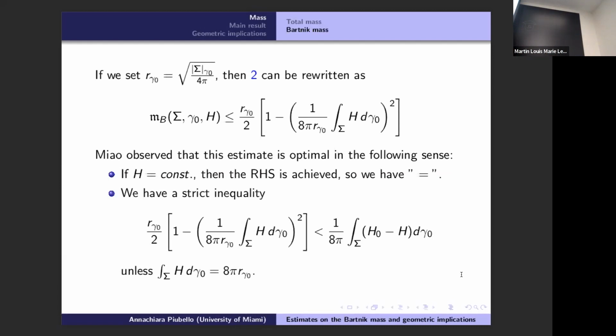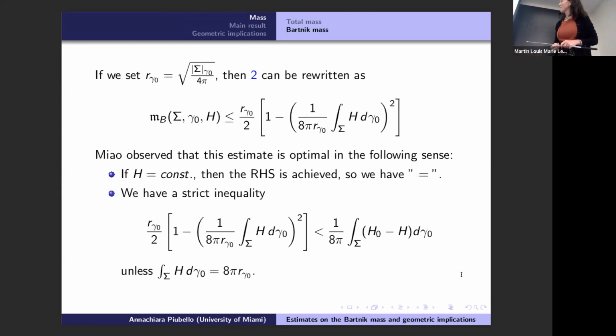And this condition, if we are assuming that a non-negative scalar curvature filling exists, is the same as in the Xi and Tam result, as our data arising from a standard ball in R3. So in this sense, Miao proved that this estimate is optimal. Now we're going to move to our new estimate that can be seen as a generalization of Miao's estimate.